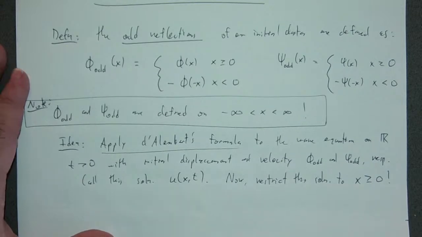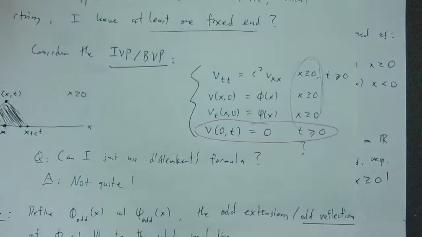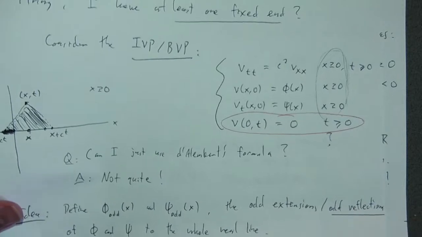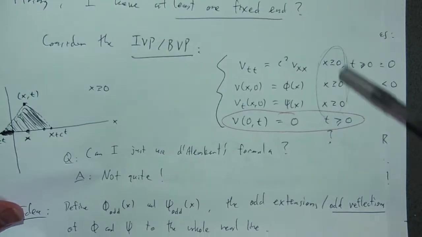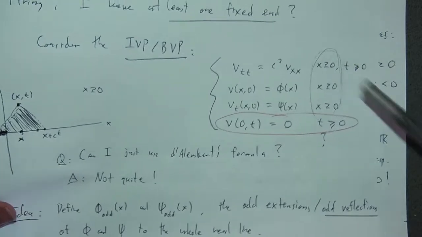And so that gives me a solution. I'll call it u. Now, if I restrict this solution to x greater than or equal to 0, the hope is that I get a solution to this problem on this smaller subdomain of the real line.